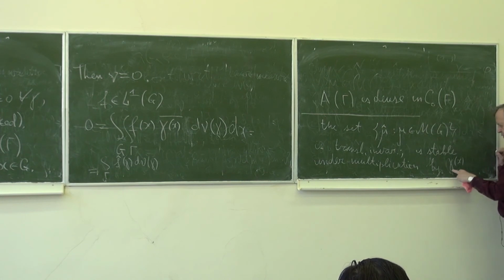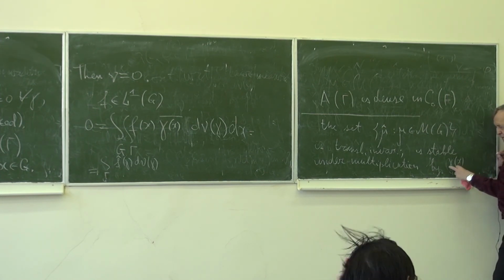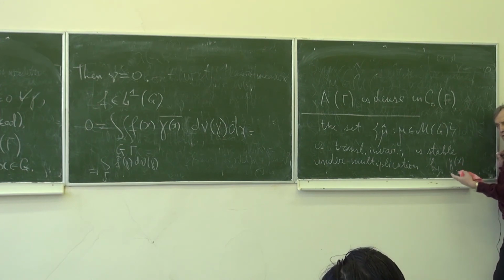They are viewed as functions of gamma, of course. So take point x of g, and then this is a function of gamma. And this is precisely the same calculation as it was for functions.